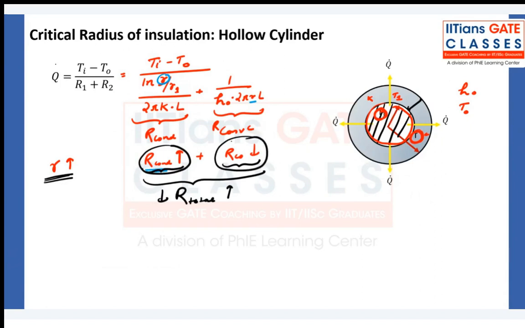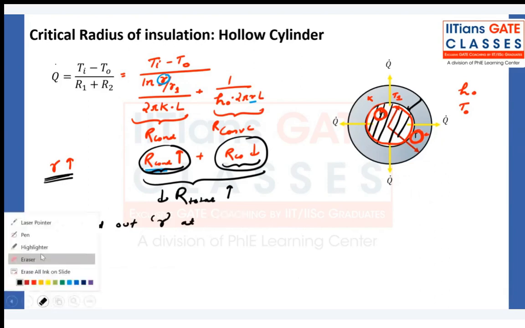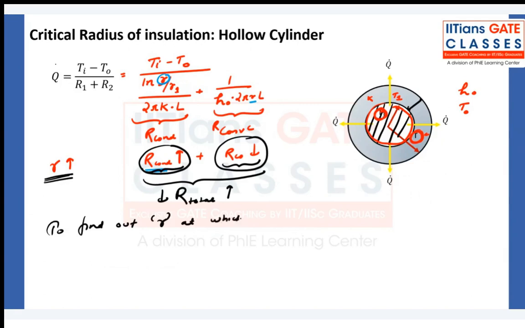So to find out the value of R at which R total is maximum or minimum, what can I do? This is my R total, right? R total is what?